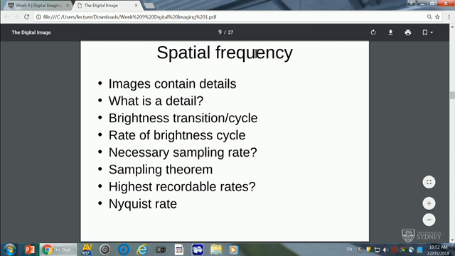Okay. Any questions about that? Okay, so the sampling theorem tells us we've got to sample twice the spatial frequency to record all the information. Another way of saying that is the highest recordable rate equals half your sampling rate.